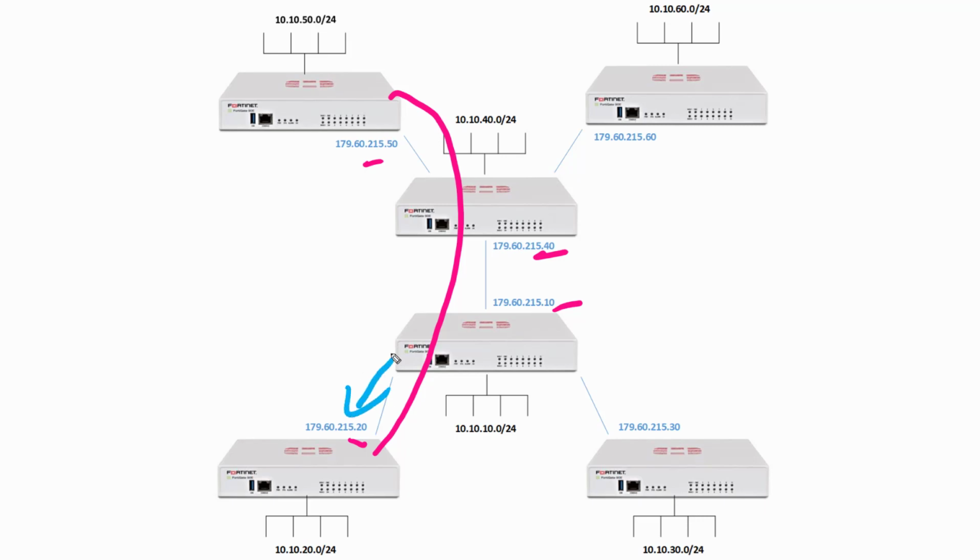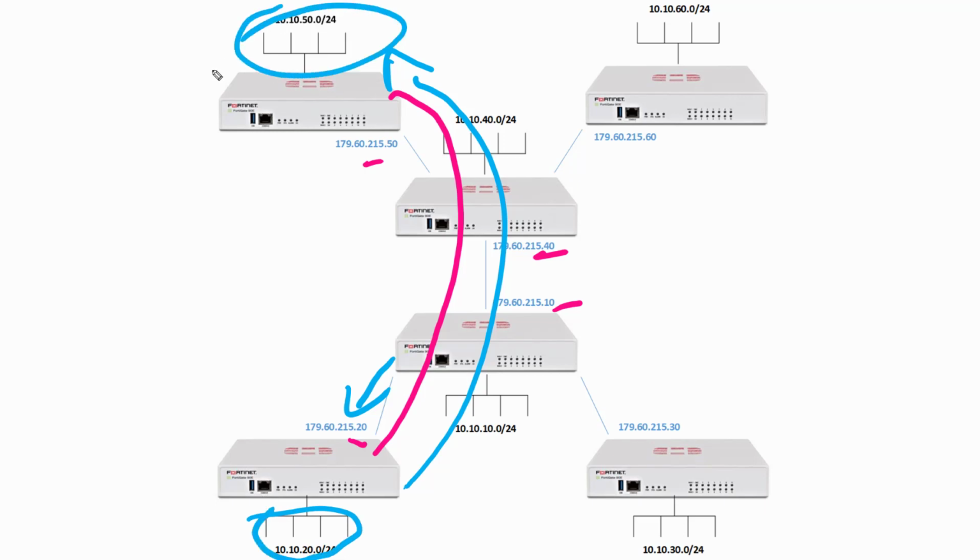.20 would see the shortcut offer and would send a shortcut query through both hubs all the way to .50. Shortcut query again would have his local subnet, .50's local subnet, or his destination subnet, his public IP, and the dynamically generated pre-shared key.